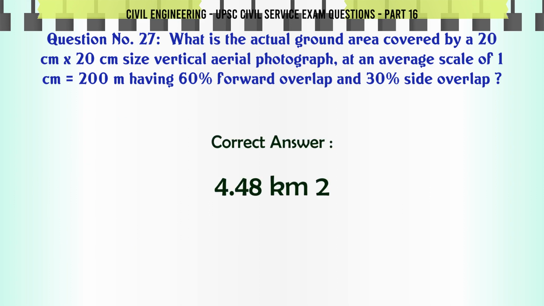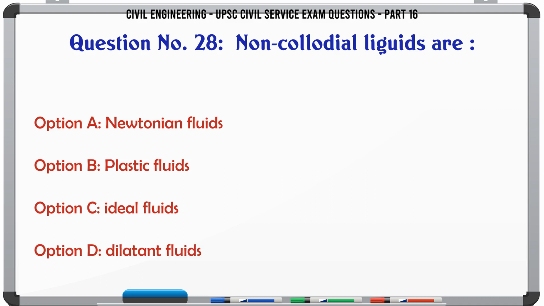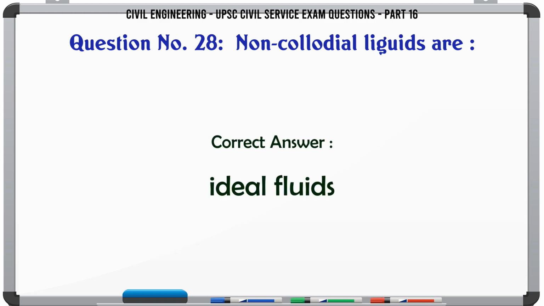The correct answer is 4.48 km². Non-colloidal liquids are A. Newtonian fluids, B. Plastic fluids, C. Ideal fluids, D. Dilatant fluids. The correct answer is ideal fluids.